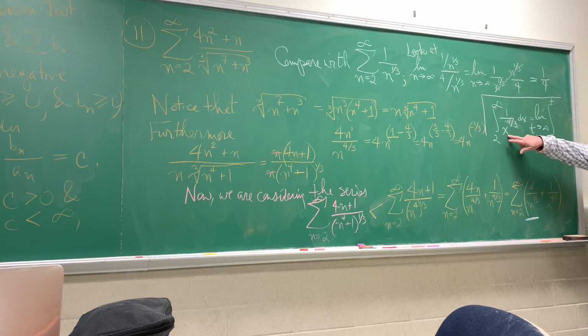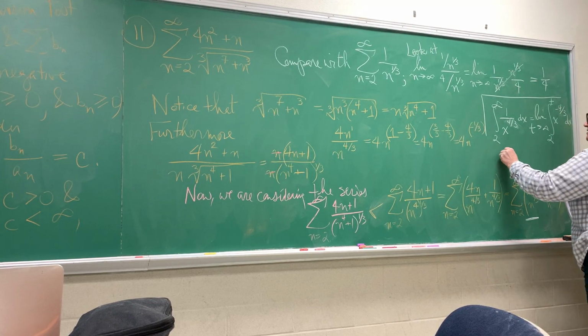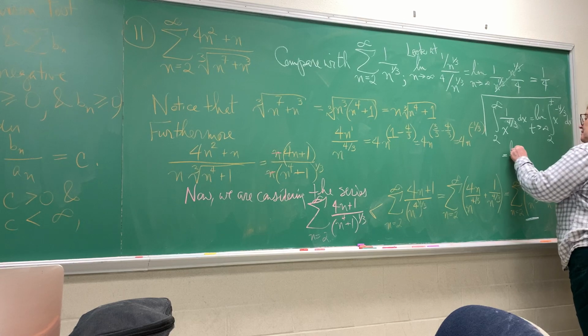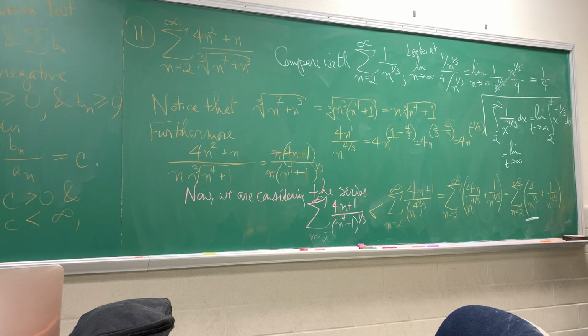Can I write 1 over x to the 4/3 as x to the negative 4/3? And then we can just use the power rule for integrals. So it's our new exponent, negative 4/3 plus 1.